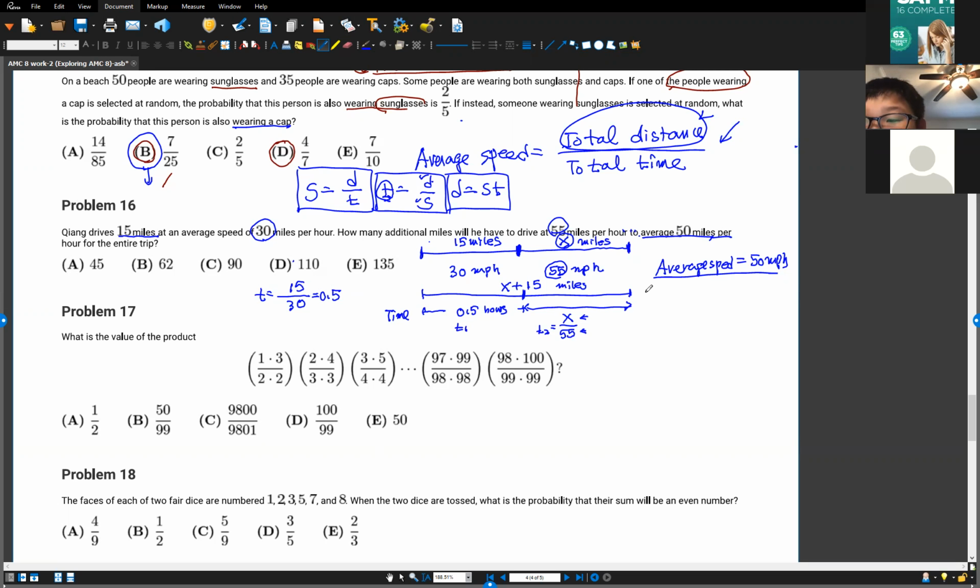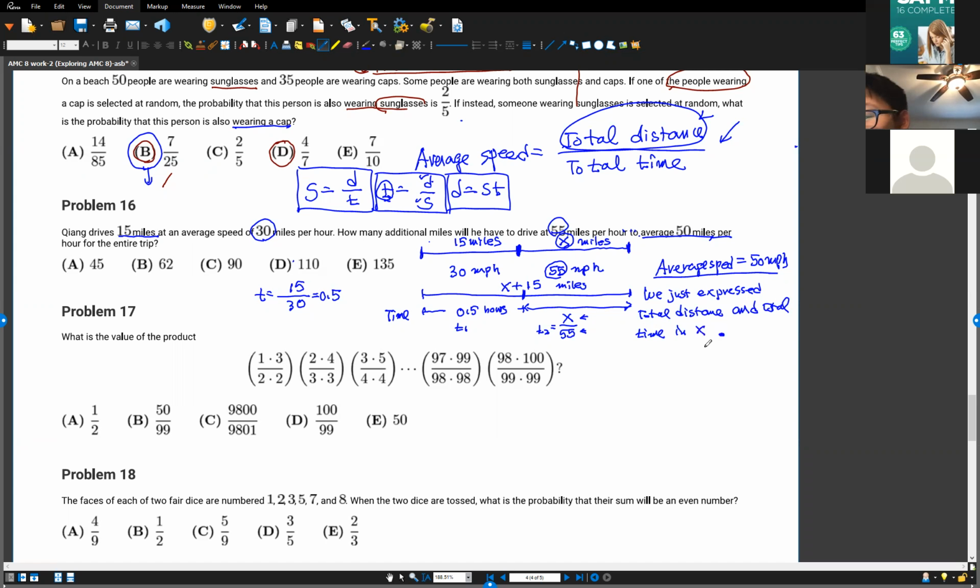We just expressed total distance and total time in terms of x.